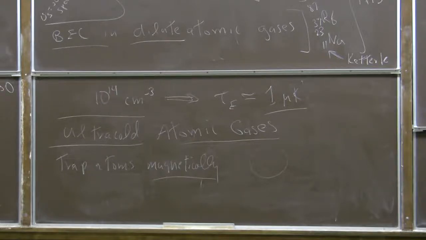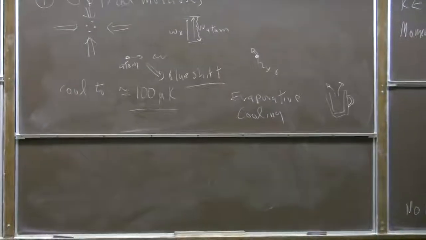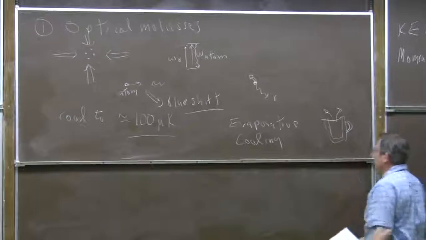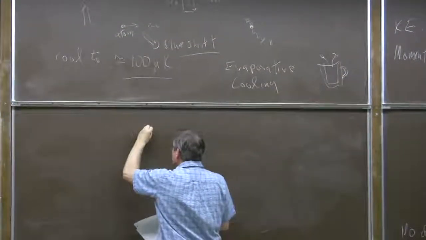That was dominated by evaporative cooling. So in my coffee cup, the hotter molecules were escaping through the top of the cup, carrying away some heat and cooling the remaining molecules. That's evaporative cooling. Well, we can use that in our atomic trap.